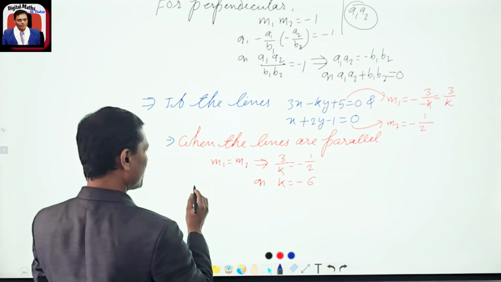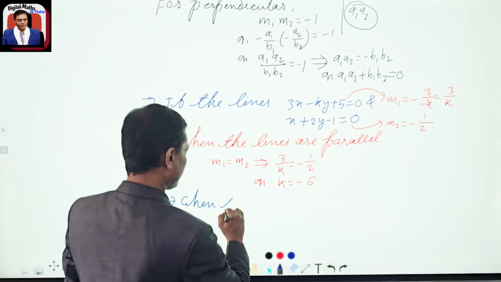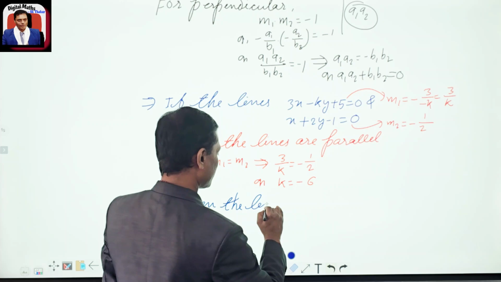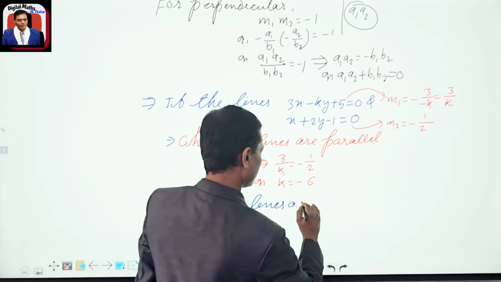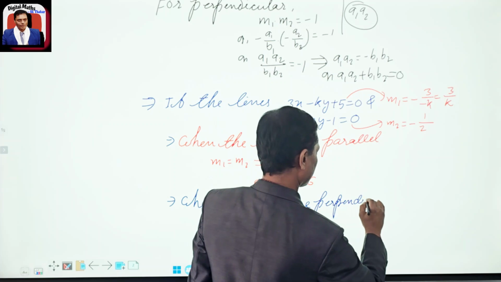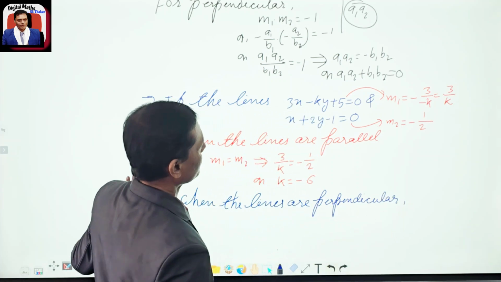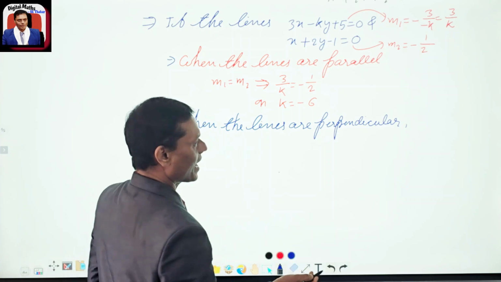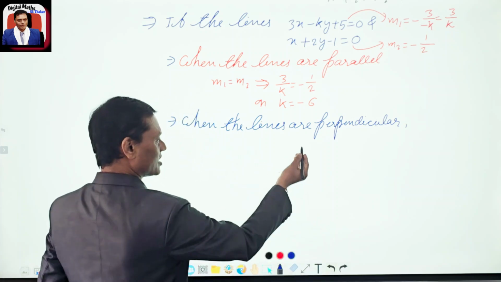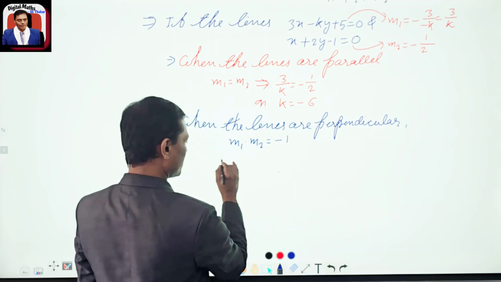But if the lines are perpendicular, that is when the lines are perpendicular, what happens? So when the lines are perpendicular, we can write m1 dot m2 equals to minus 1.